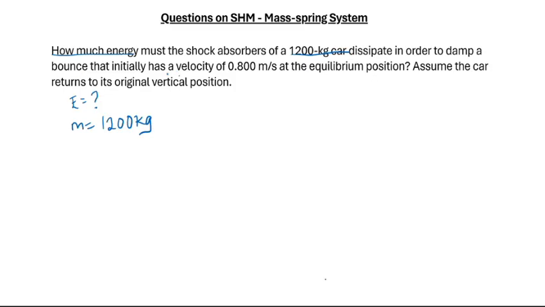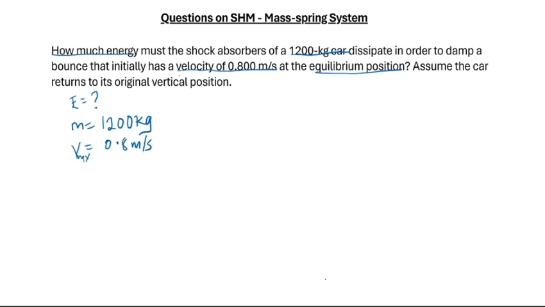Now note this place very well. They said it initially has a velocity of 0.8 at the equilibrium position, and remember what I said about the equilibrium position. At the equilibrium position, velocity is maximum, so we were given our Vmax, which equals 0.8 meter per second.